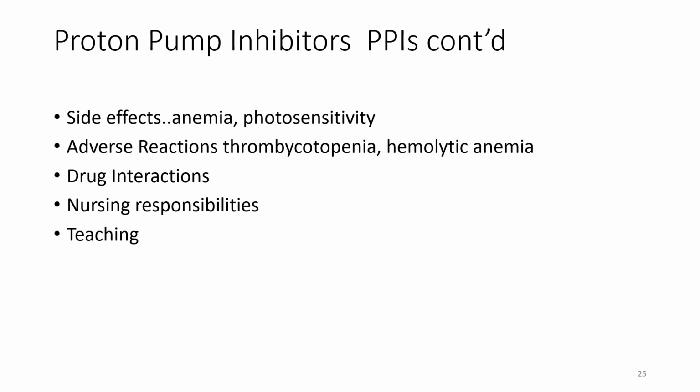Now, one of the side effects of PPIs is, of course, in your book it says low vitamin B12, which then leads to anemia. Most of the time you'll see it listed as just anemia, but it's pernicious anemia either way. In order for our body to absorb that B12 appropriately, we have to have enough acid in the stomach to break those tablets down.